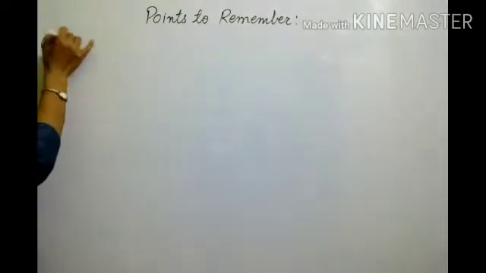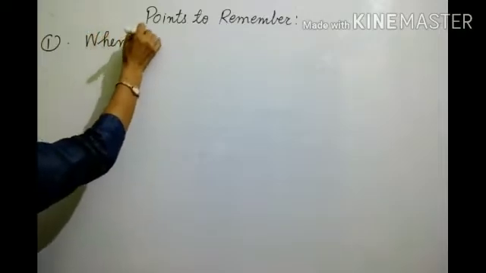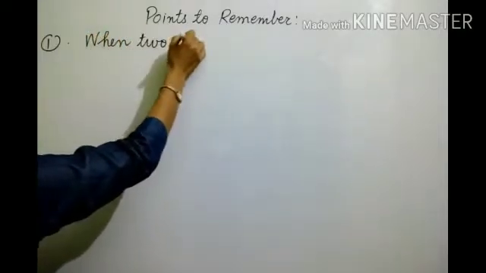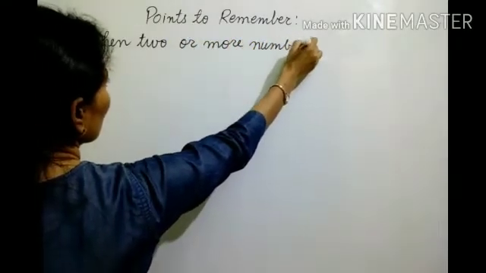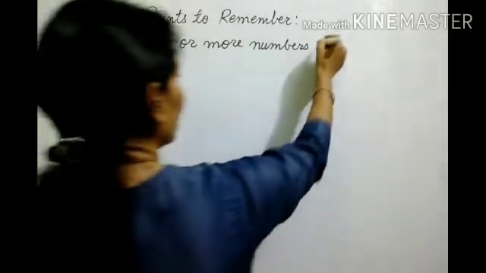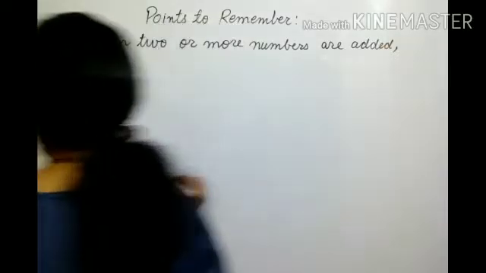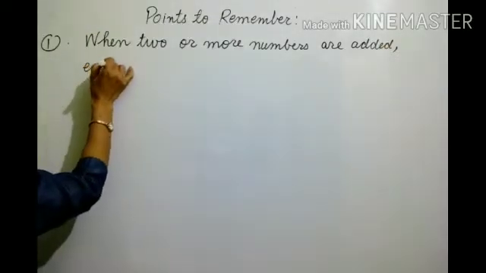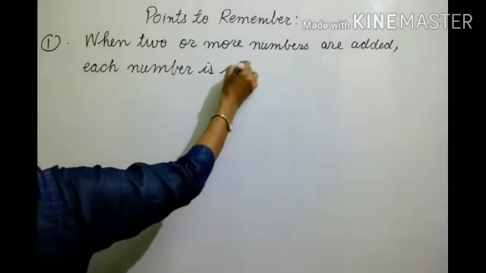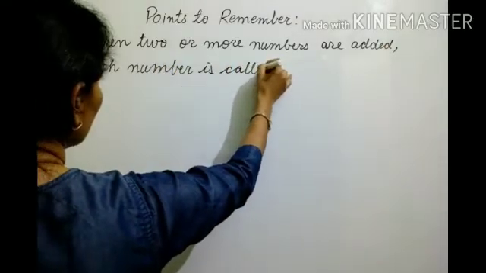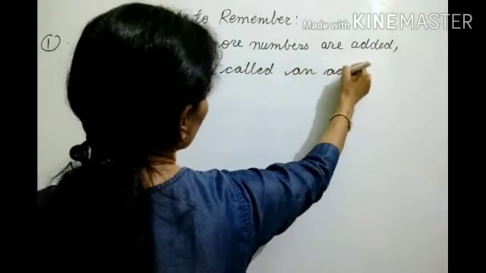First point, when two or more numbers are added, each number is called an addend.